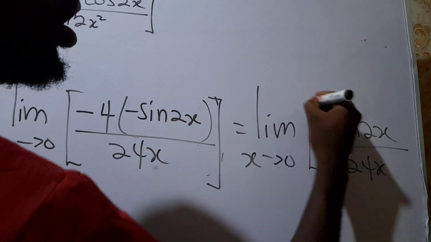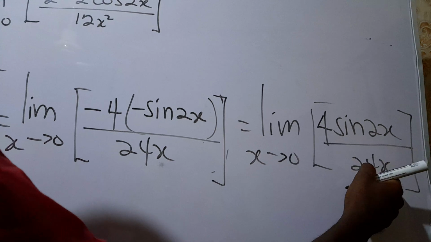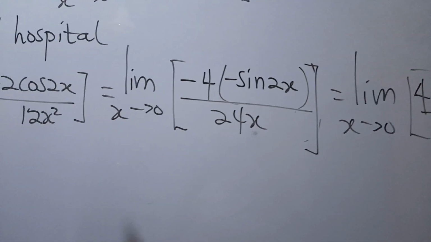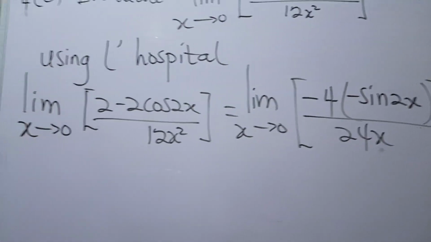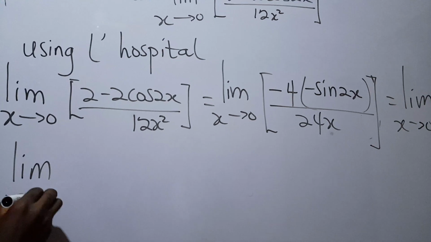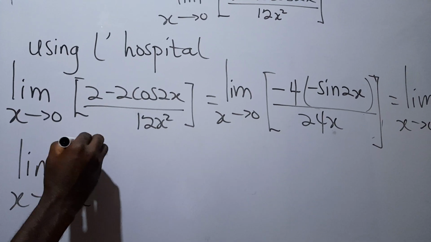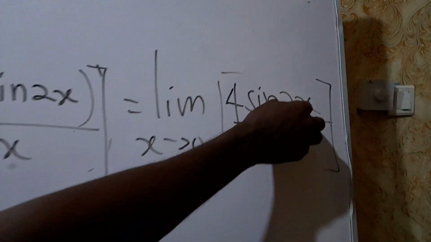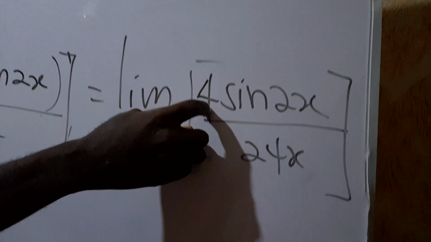Look at it. When we substitute 0 here, the denominator will still be 0, making it undefined. So we need to differentiate again. So the limit as x approaches 0 will now be, I want to differentiate this. Remember, we just differentiate the angle 2 and use it to multiply the 4, we'll get 8.